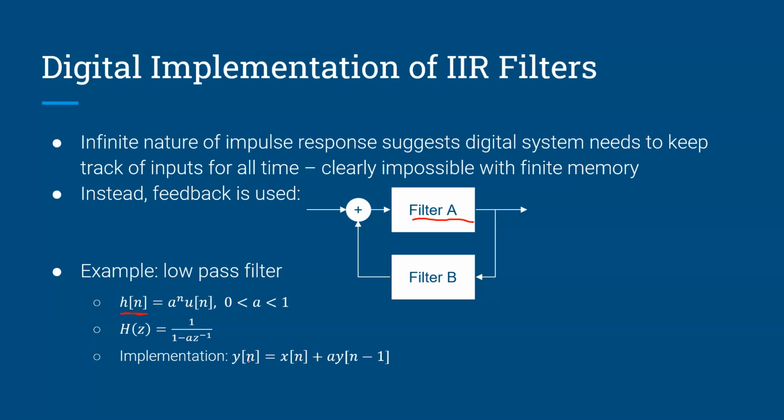So here I have y of n is equal to x of n plus some constant a times the previous y of n, so y of n minus 1. And so this term here is the feedback, essentially, because we're using previous outputs to affect the current input. Okay, any questions on that?